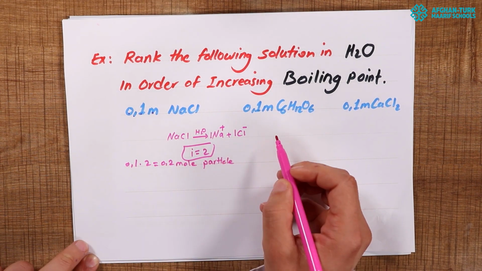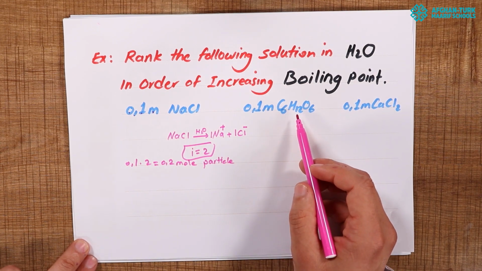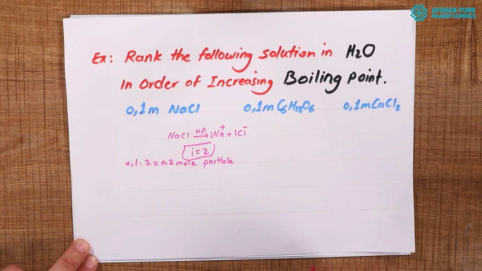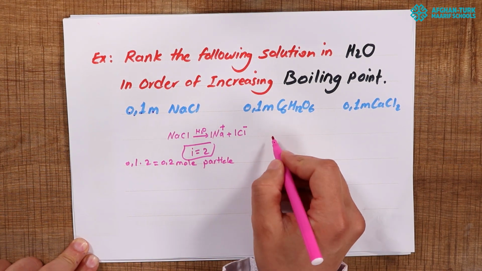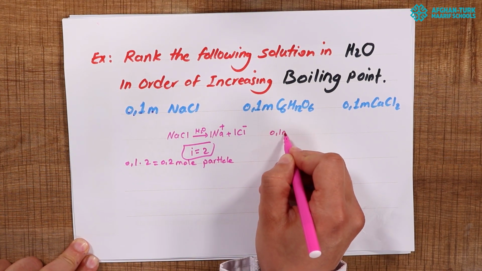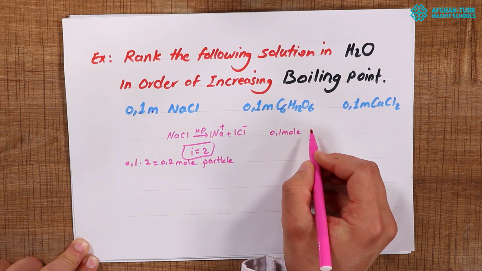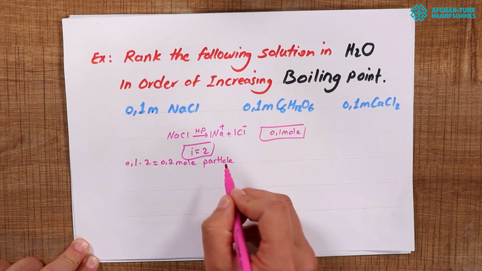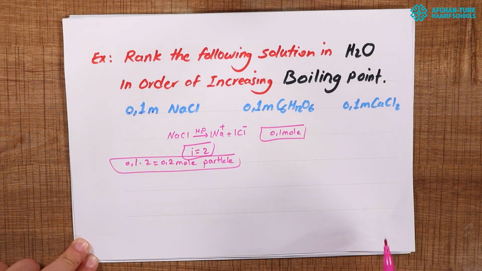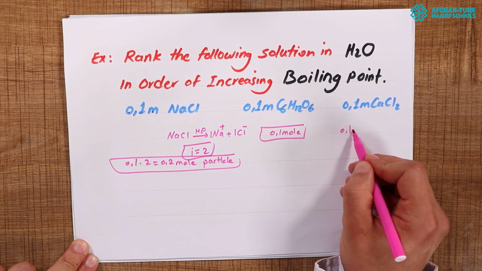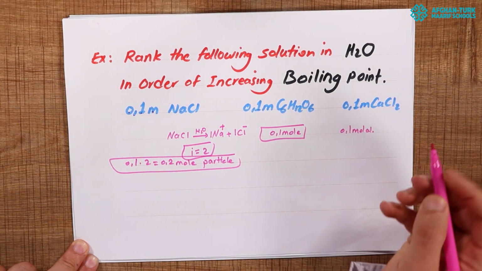Okay, next one. As I told you, glucose is a covalent compound, and it stays as a complete molecule when it is dissolved in water. For example, 0.1 mole of glucose will give us 0.1 again. Next we have 0.1 molar calcium chloride.